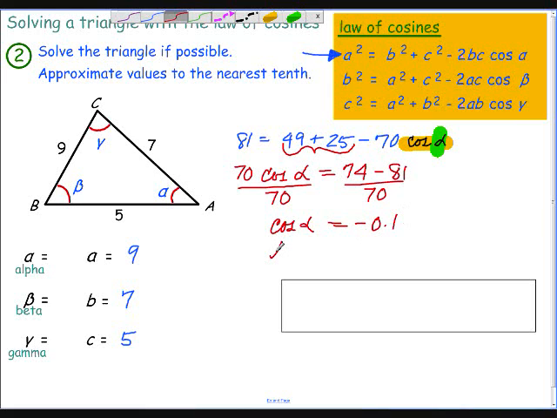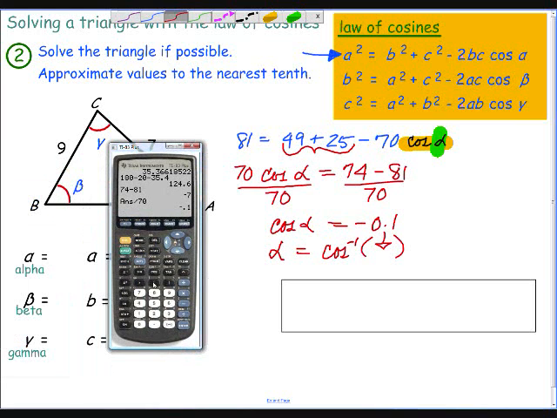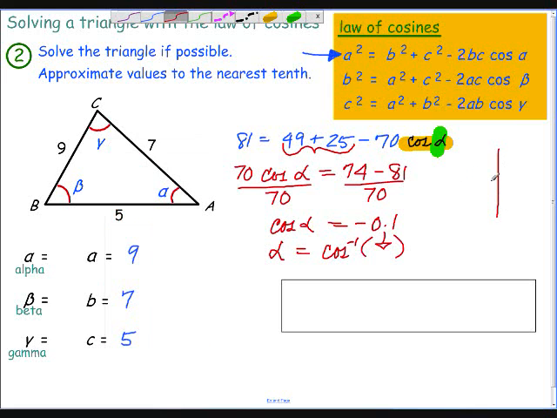All right, so alpha equals the arc cosine, which is always written this way, of this ratio. Let's see what it is. Cosine alpha. Oh, you know what it might be?